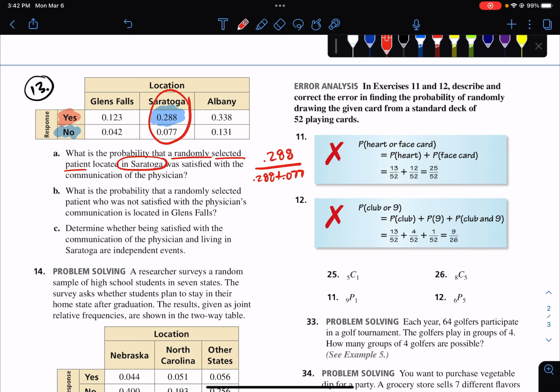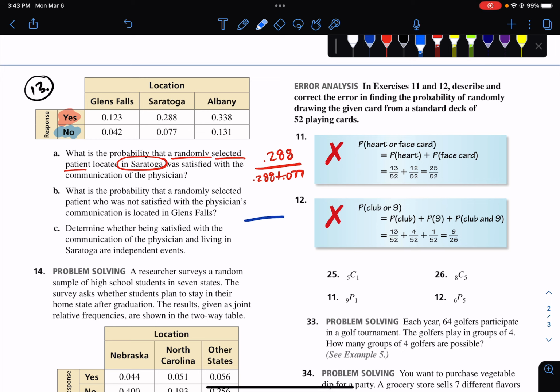Part B is similar. What's the probability that a randomly selected patient who was not satisfied? So it's not asking me to choose out of everybody. It's only asking me the not satisfied people to go on the bottom.